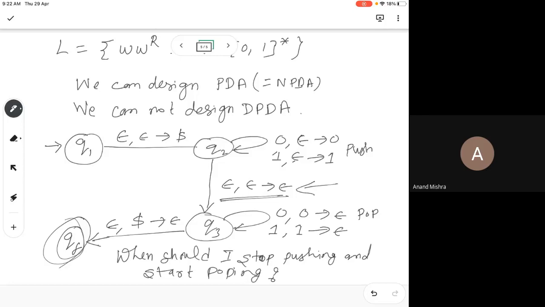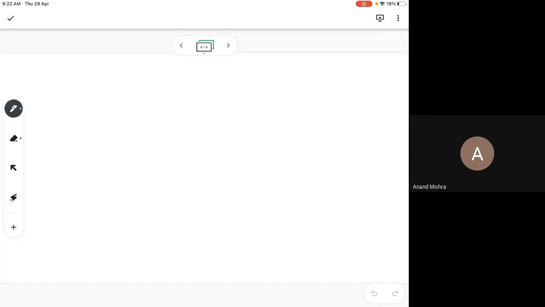Okay. So the next thing is, if I give you another language, let's say L is WCWR, where C is another symbol, and W is, let's say, (0+1)*.